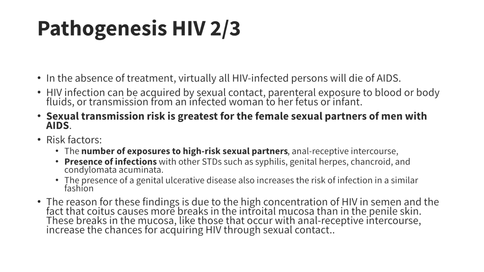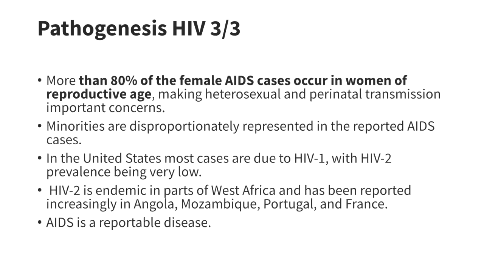These breaks in the mucosa that occur in anal receptive intercourse increase the chances of acquiring HIV through sexual contact, and the same thing occurs with vaginal intercourse. More than 80% of females with AIDS are women of reproductive age, and this is a very important thing, making heterosexual and perinatal transmission important concerns.